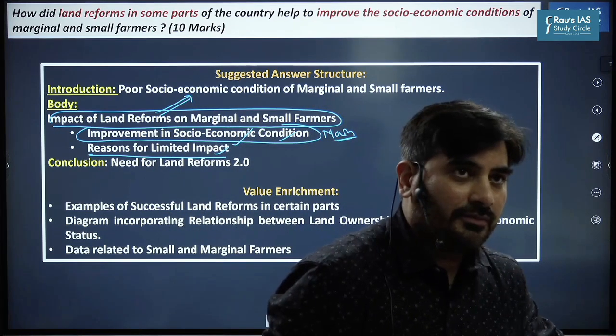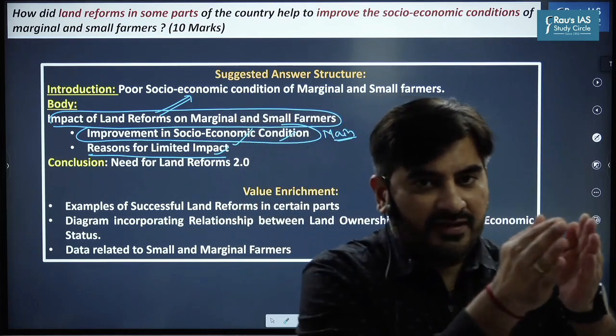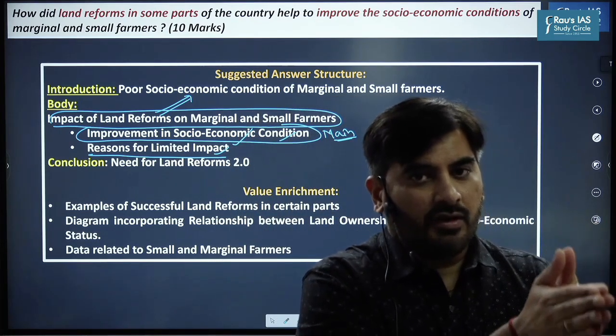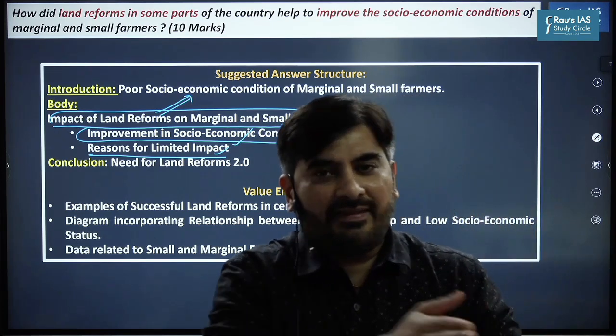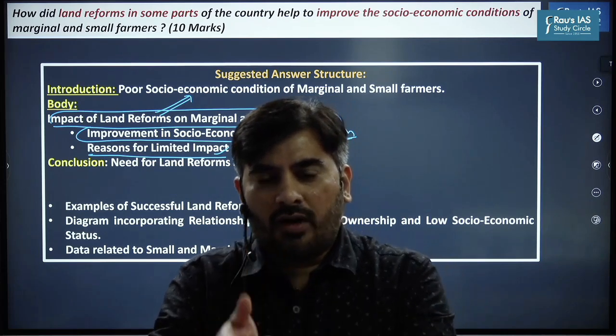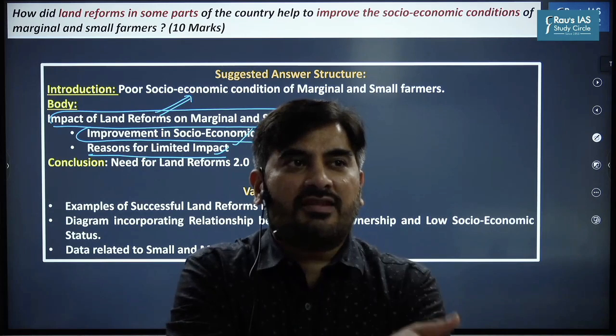Are we clear now? So don't you think there's a flow here? You're first starting with the problems or the low socio-economic status of small and marginal farmers, and then you're highlighting how land reforms have improved or addressed the poor socio-economic status.